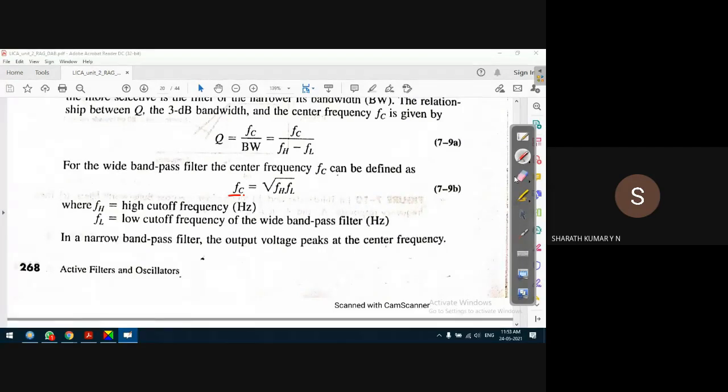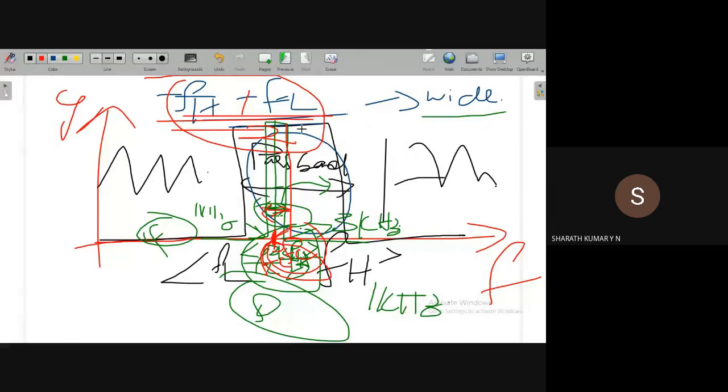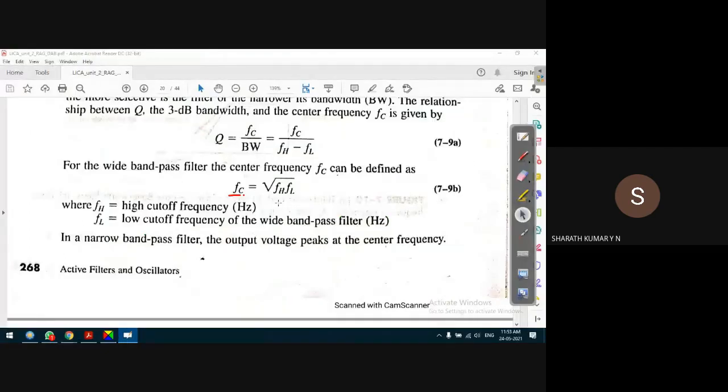That's why I said FC is not exactly the average, but we can consider it approximately as the average of the passband range, though it may not always be the case. FH is the higher cutoff frequency and FL is the lower cutoff frequency of the passband range.